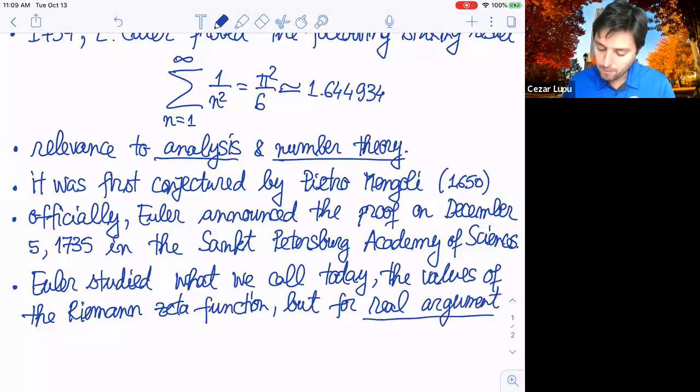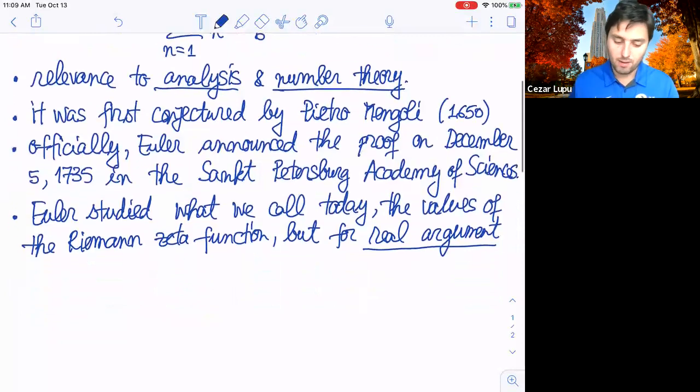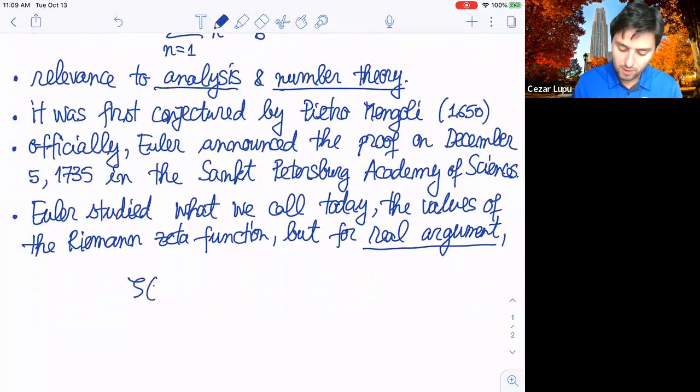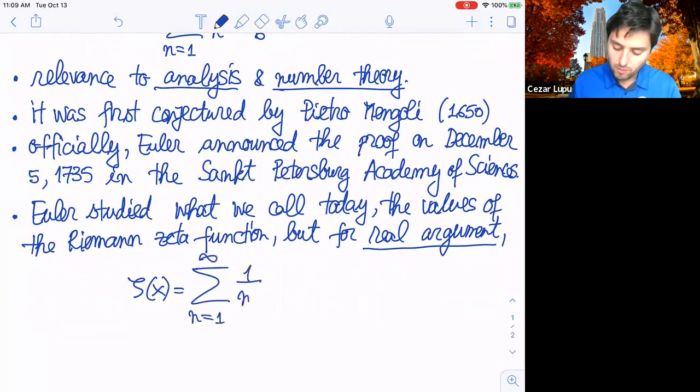And when I say real argument, I mean this. So zeta of x is the series of 1 over n to the power x, and this x is a real number which is greater than 1.